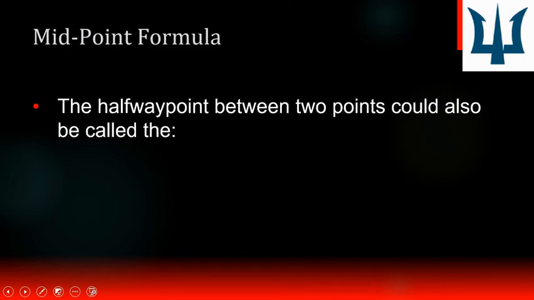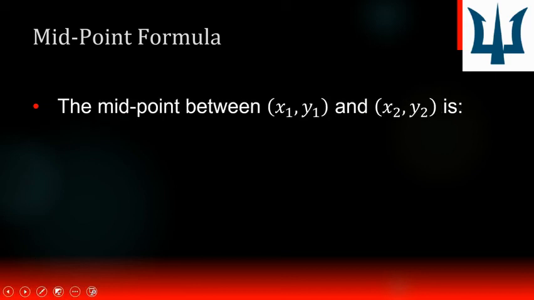The halfway point between two points is something that is midway between, so we call that the midpoint. When we're talking about finding the midpoint, it's also the average. It's averaging the distance between the two.